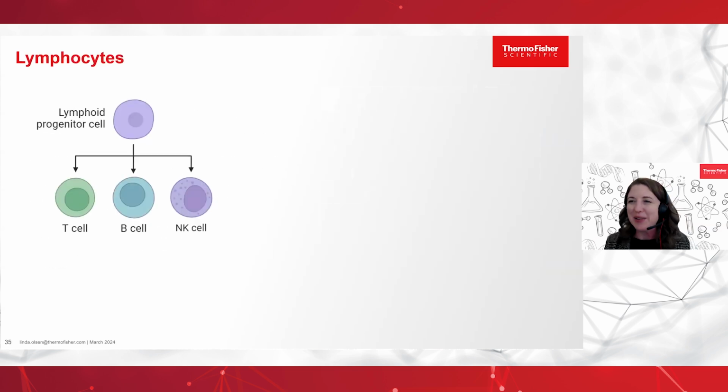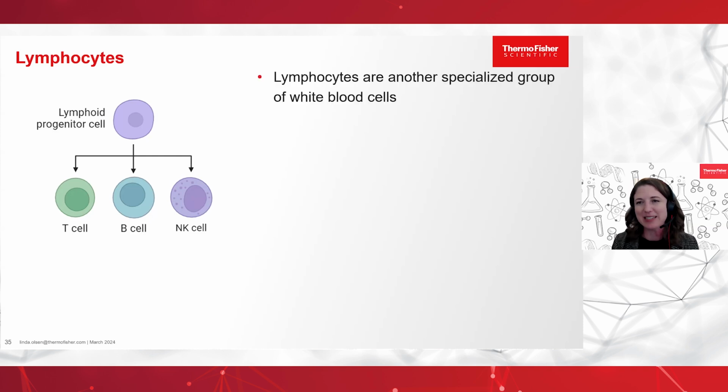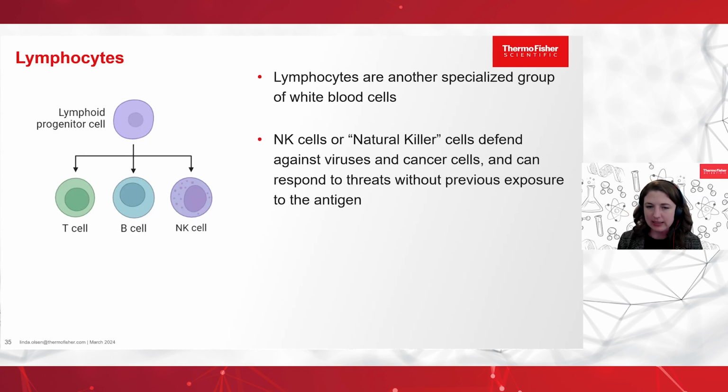So we're done with the myeloid cell line. Now we move on to the lymphoid cell line. The lymphocytes are more unique immune cells, another specialized group of white blood cells. Among them are natural killer cells or NK cells, which defend against viruses and cancer cells and can respond to threats without previous exposure to the antigen.